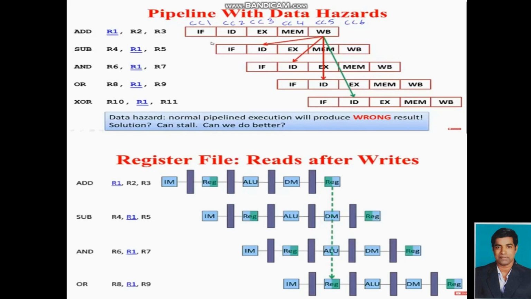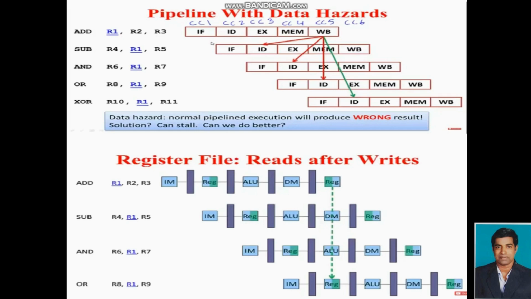That is why the resultant register is underlined and differently colored. And this output of the addition operation is the input for the subtraction instruction, AND instruction, OR instruction and XOR instruction.